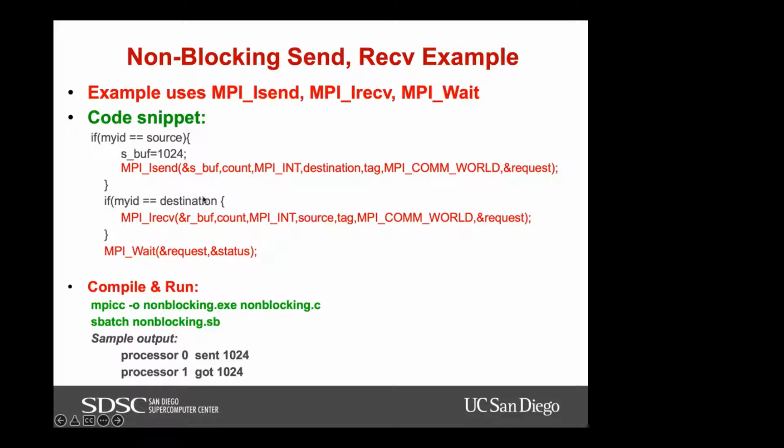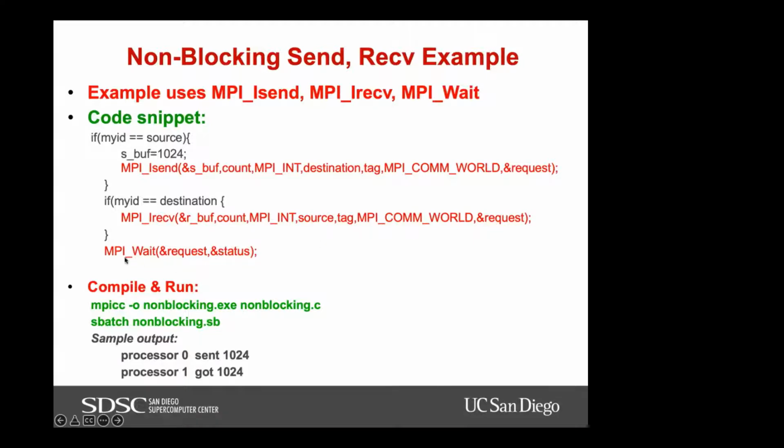So this is one such example of a non-blocking. Again, we are starting with the source, and now instead of the S send, we have an I send, which is the non-blocking. Now you'll see that there's an extra request variable here. And then there's a non-blocking receive also, which has that extra thing.